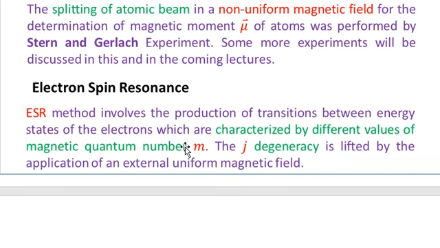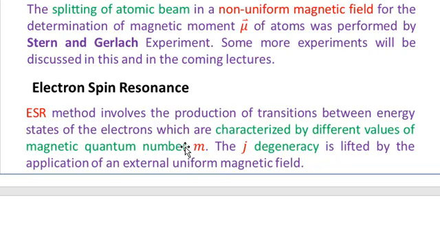electron spin resonance. You know that in the absence of the external magnetic field, we have the levels which are determined by the quantum number J of the atom. And you know that when we have the quantum number J of the atom, it means that we have the mixed case, that is both spin magnetism and the orbital magnetism are present, and the total magnetism will be referred to as mu J, that is the J magnetic moment or the total magnetic moment of the atom.